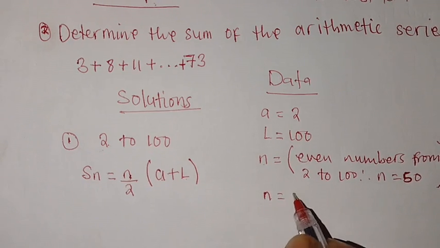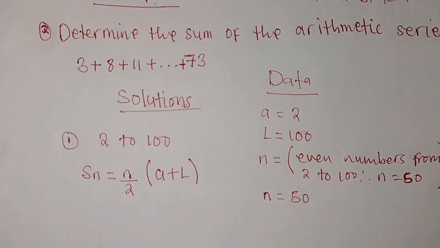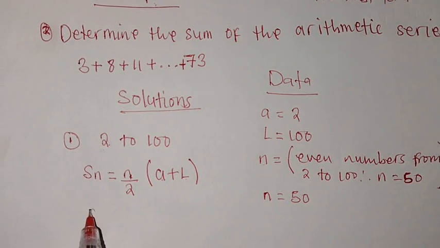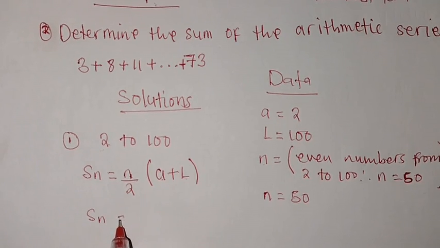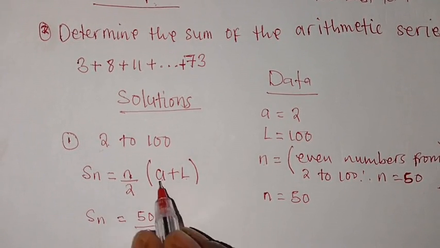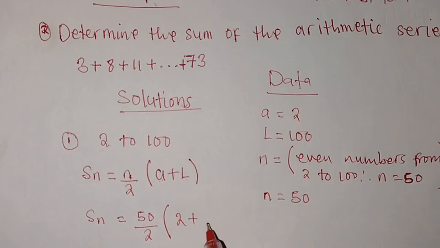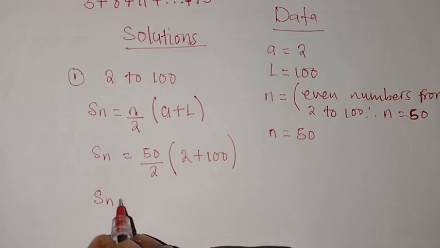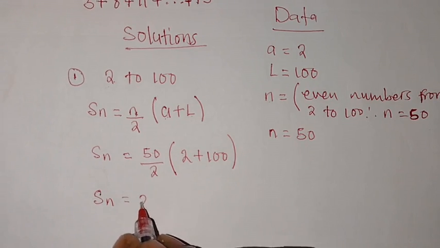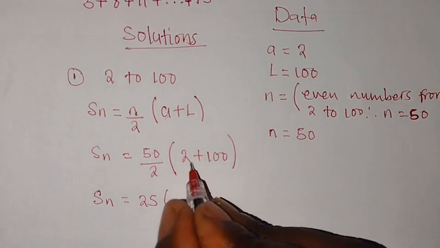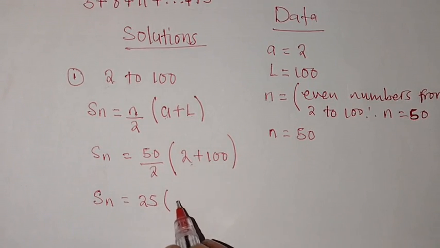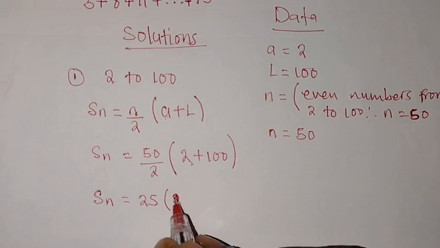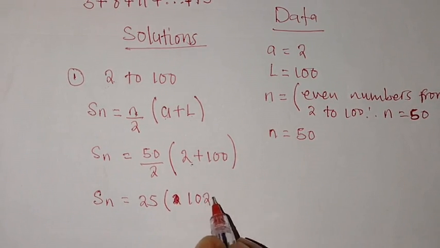So n is equal to 50. From here we can substitute: sum equal to 50 over 2, open bracket, a is the first term which is 2, plus l, the last term, which is 100. So sum equal to 25, open bracket, 2 plus 100, which gives us 102.